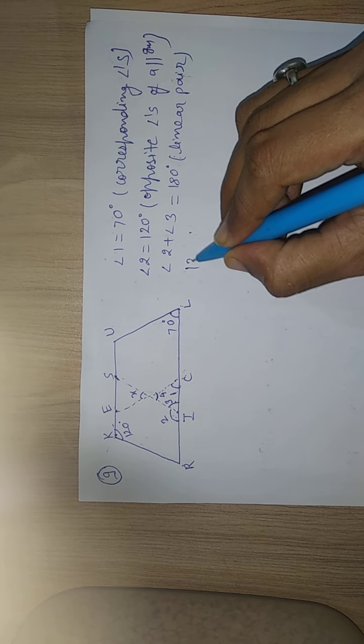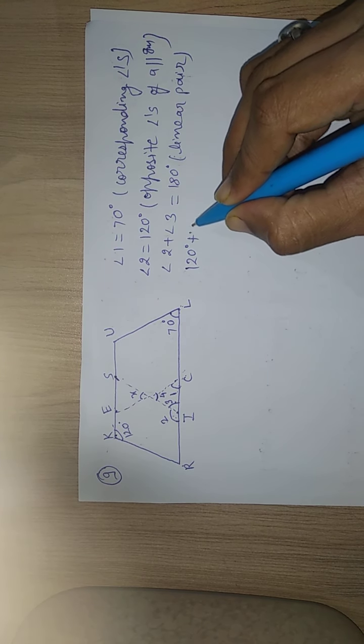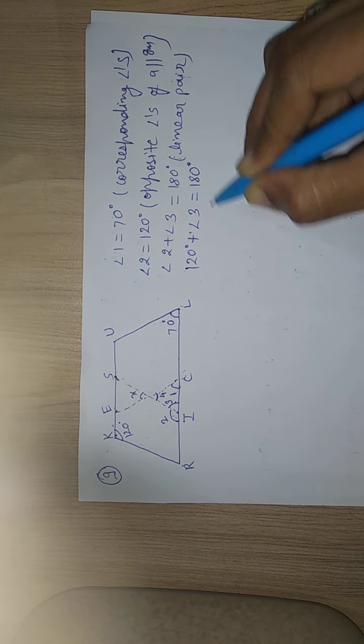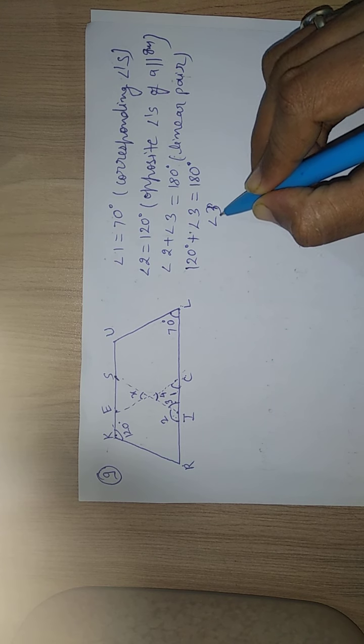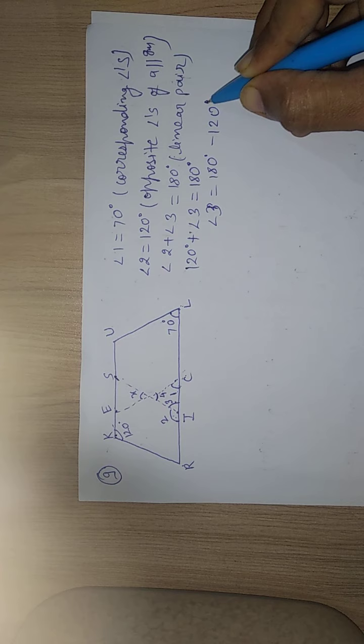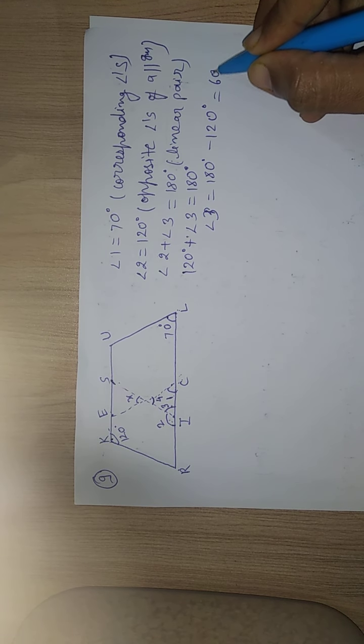Therefore 120 degrees plus angle 3 is equal to 180 degrees. So angle 3 is equal to 180 degrees minus 120 degrees, that is 60 degrees.